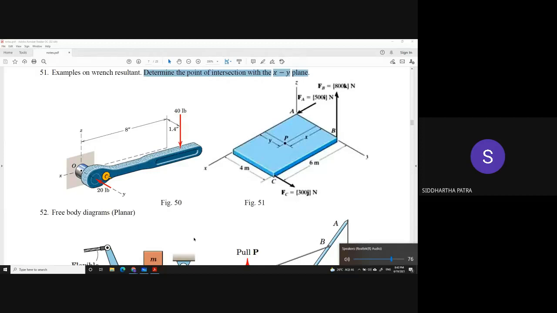Now if P is the point on the xy plane through which the range resultant passes, and if we get the equivalent force system at P, we would be getting the range resultant, which means the resultant comprises a single force and a single moment which is parallel to the force.